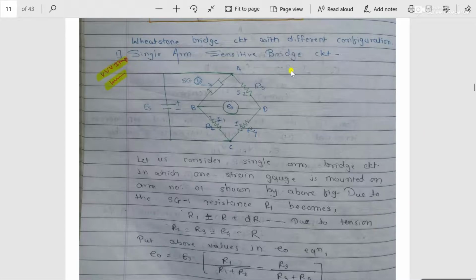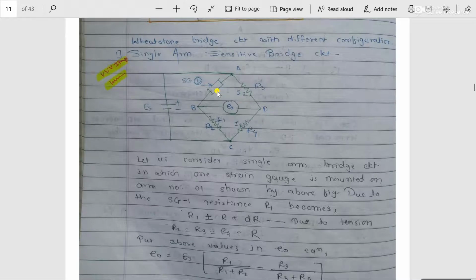So this is the first configuration of the Wheatstone bridge circuit, which is called a single arm sensitive bridge circuit. Why is it called so? Because in the single arm sensitive bridge circuit, only one strain gauge is used in the application. That means in the Wheatstone bridge circuit, out of the 4 arms, only one arm is sensitive.